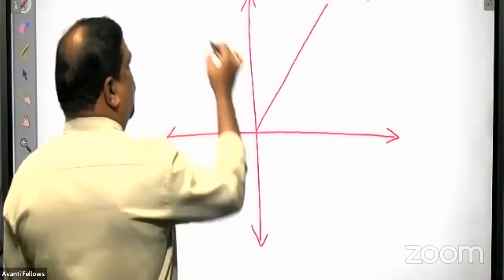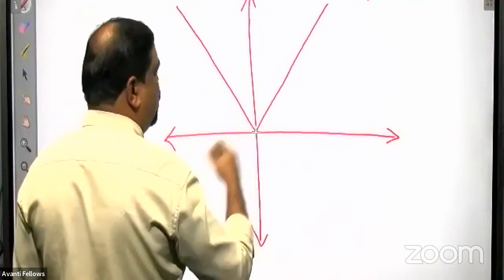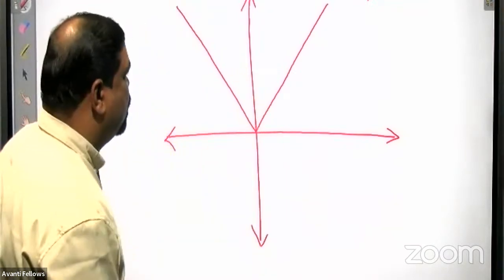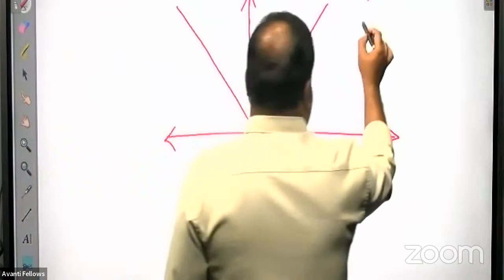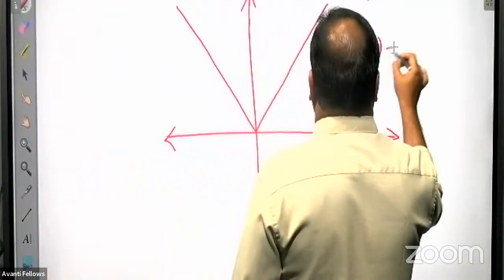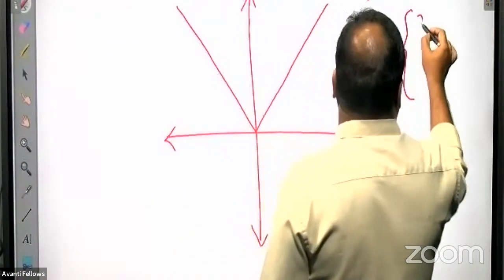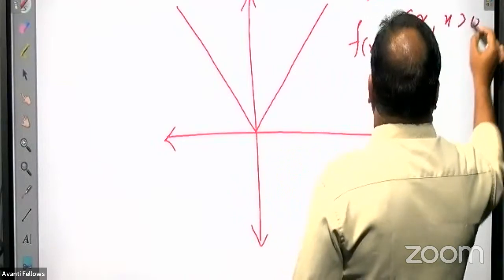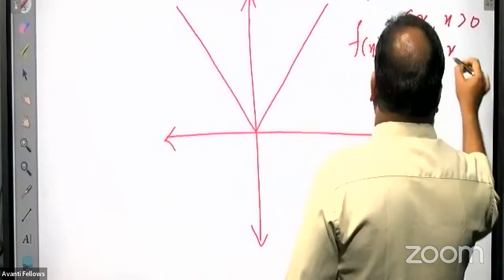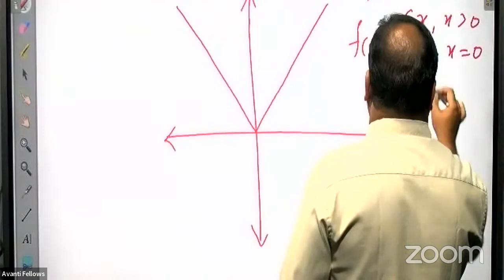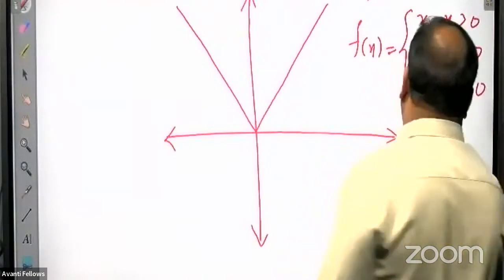Everybody knows the graph of mod x. It is V shape, and the definition is like this: f of x equals x if x is greater than 0, 0 if x equals 0, and minus x if x is less than 0.